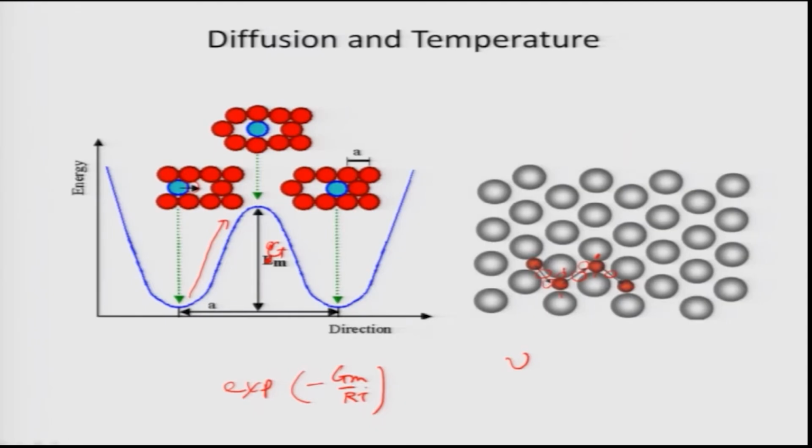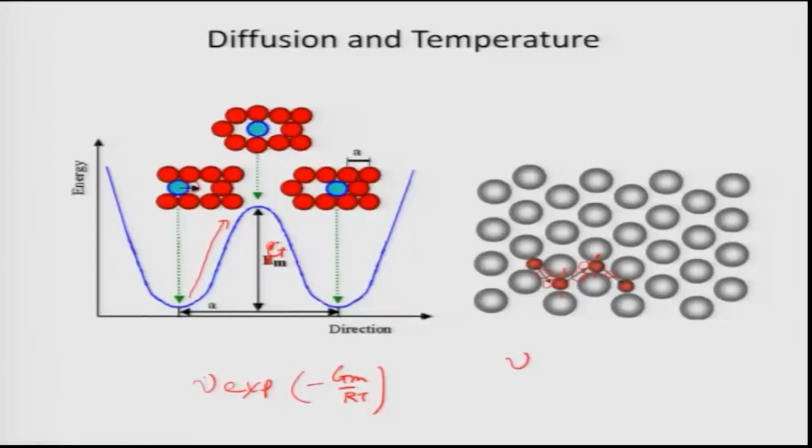Now obviously it has a frequency, that means the atom is making a certain number of attempts per second, and this is given by nu. So nu into exponential minus Gm by RT gives us the total number of successful jumps it can take to cross over this barrier.